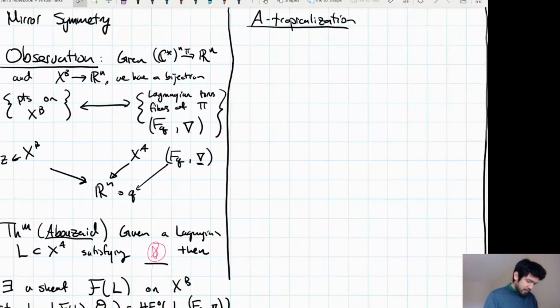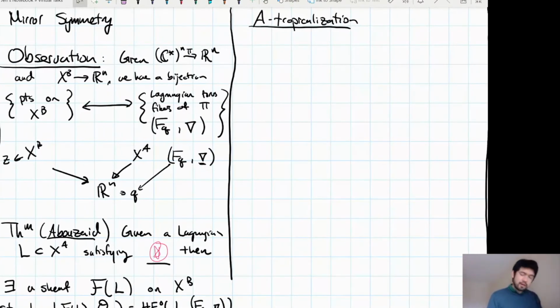Okay, so with this theorem, we now have the following better candidate for what a tropicalization should be.